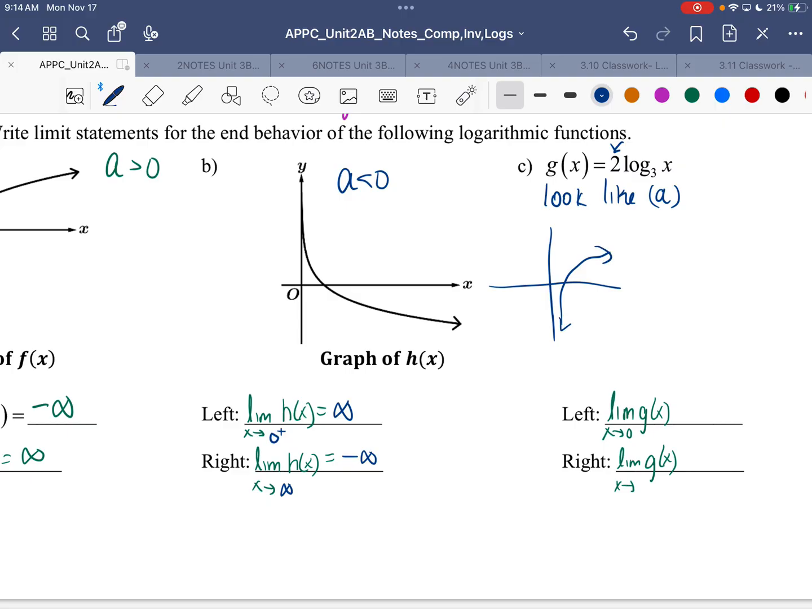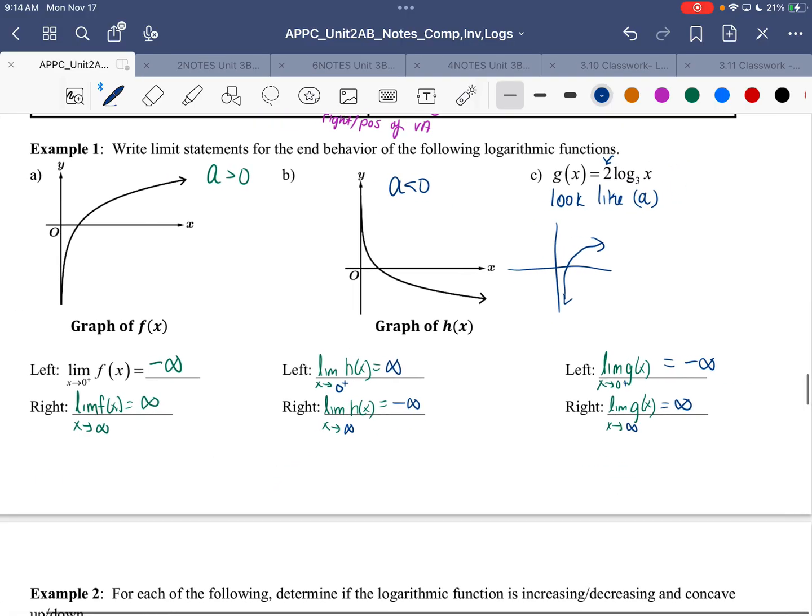Wow, super beautiful to scale graphing I did there. So approaching 0 from the right, G would be approaching... Austin, what do you think? Good. And then x approaching positive infinity. Jacob, what do you think G is approaching? Positive infinity. Good. All right, flipping over.